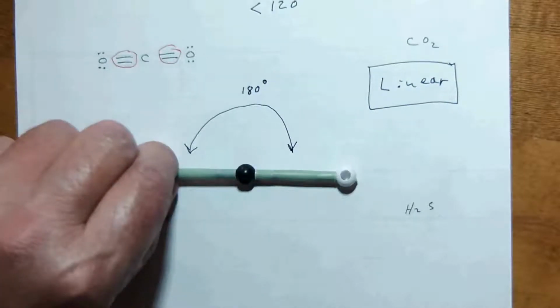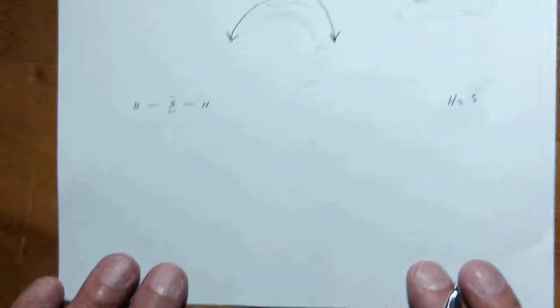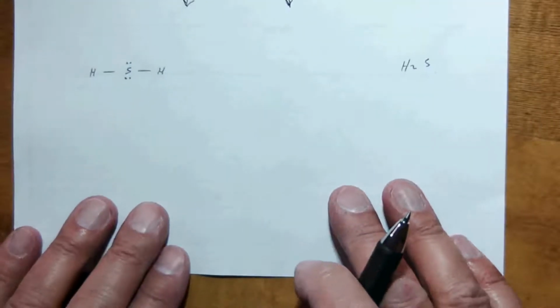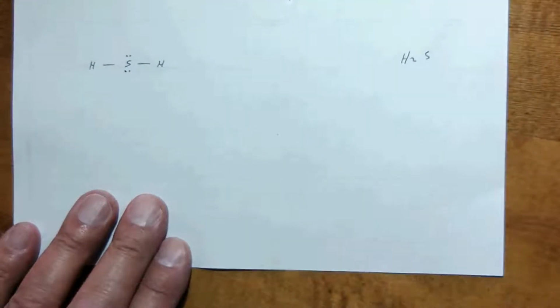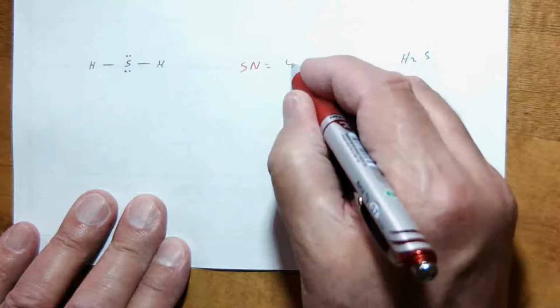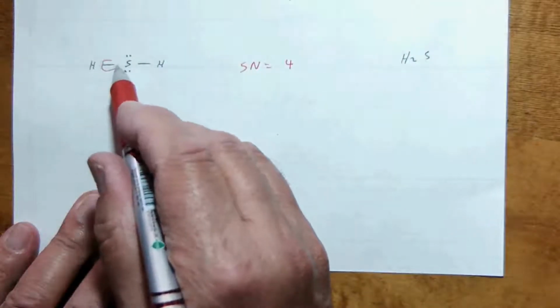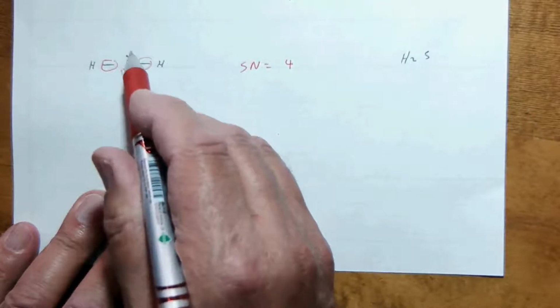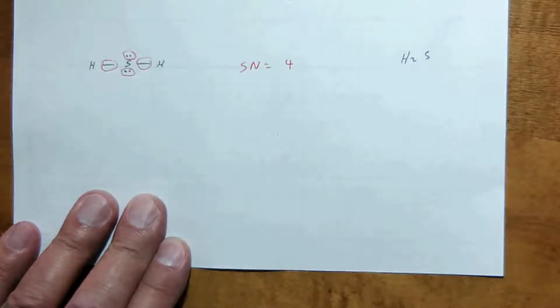Next example here. We have our H2S, or hydrogen sulfide. H2S. Okay, steric number here. What's my steric number? Better say 4, because 1, 2, 3, 4 electron groups around that central atom.